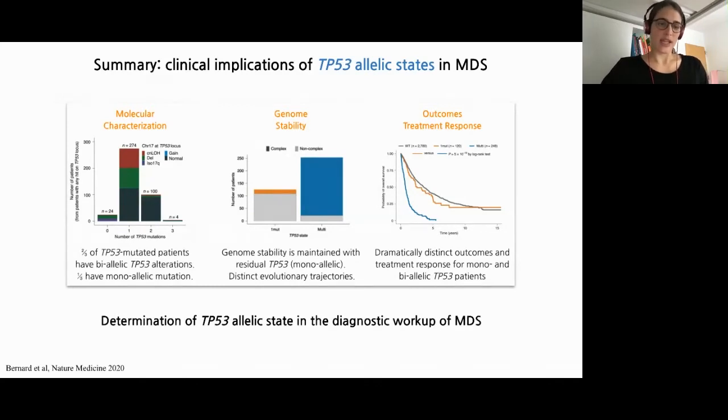So this advocates for determination of TP53 allelic state in the diagnostic workup of MDS, which can be routinely implemented using standard sequencing panel assays that combine gene mutation calling as well as copy number evaluation and allelic imbalances.